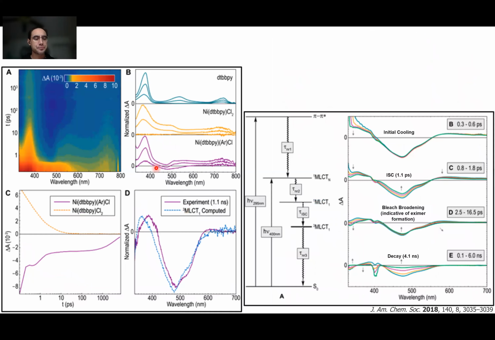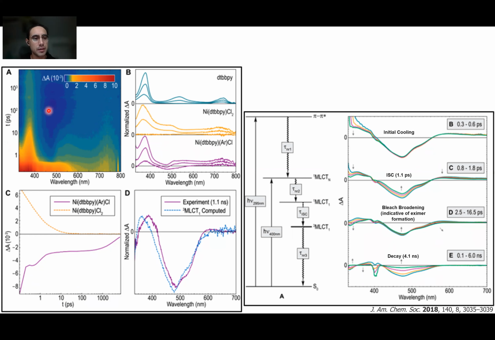So now we're actually getting into the transient absorption data. Here in panel A, we're looking at basically a heat map that corresponds to the different time intervals that this experiment was run at.